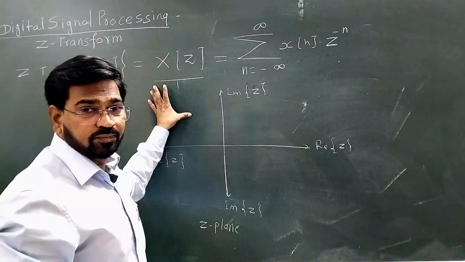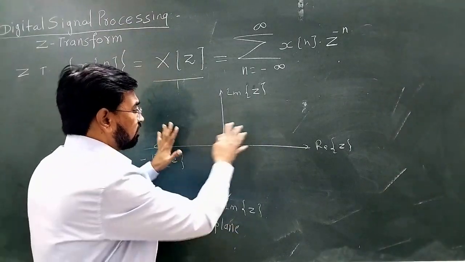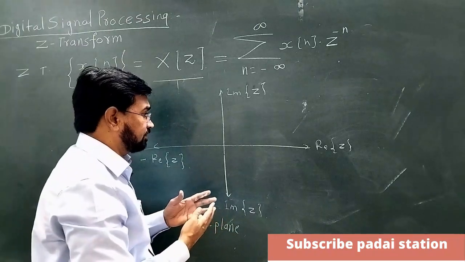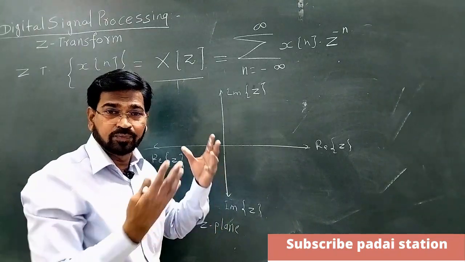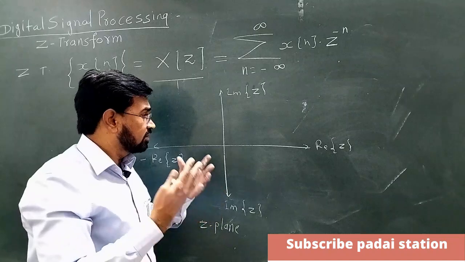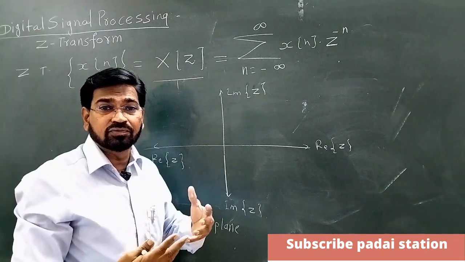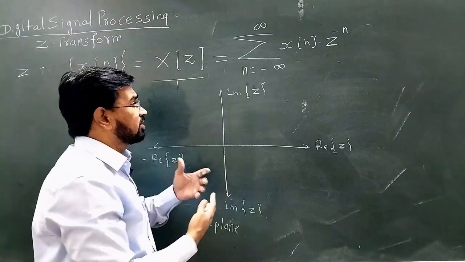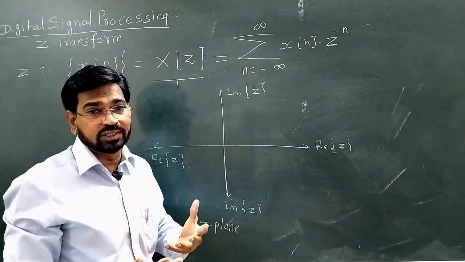The Z transform is used along with this Z plane. The Z plane helps in many cases to find the stability of the system and to predict the behavior of the system, what its behavior is to a particular input sequence.